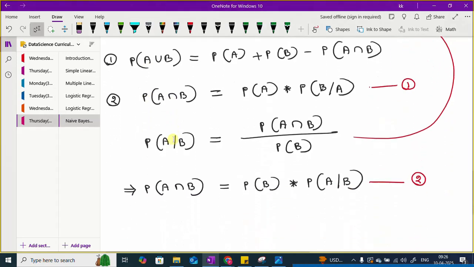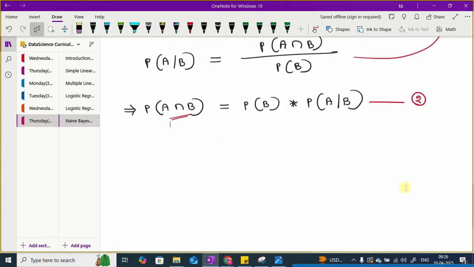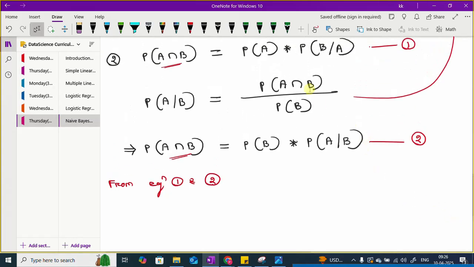Now, guys, try to compare equation 1 and equation 2. On the left-hand side, both are the same: probability of A intersection B. If both are the same, then can I say the right-hand side is the same? So from equation 1 and equation 2, just tell me what I can write.